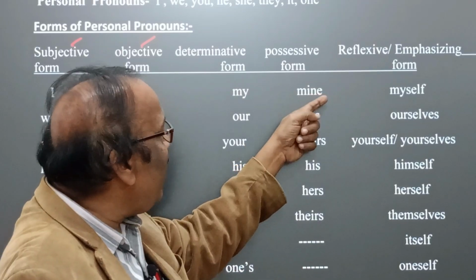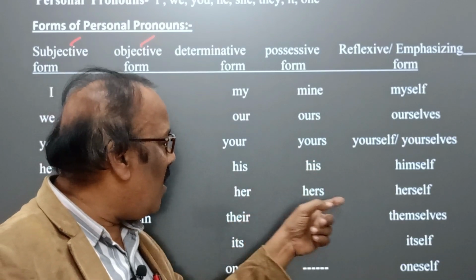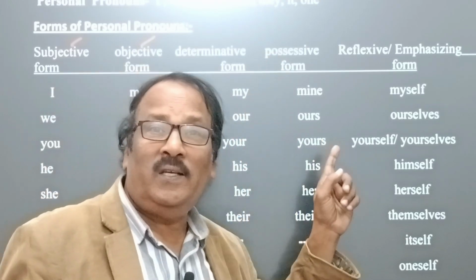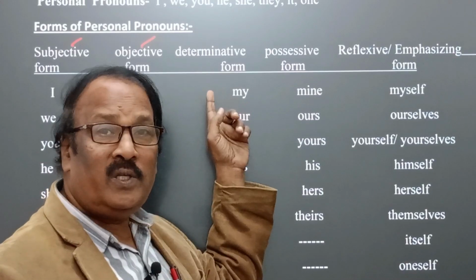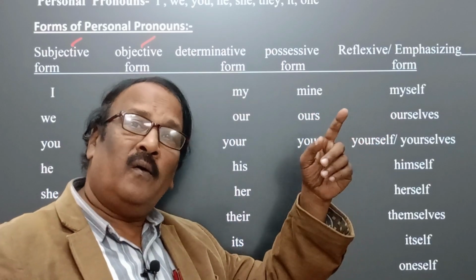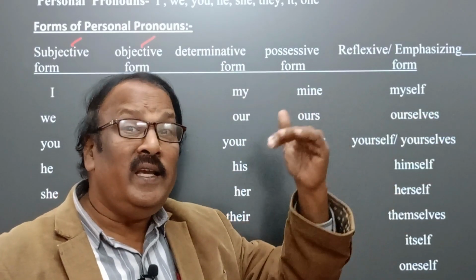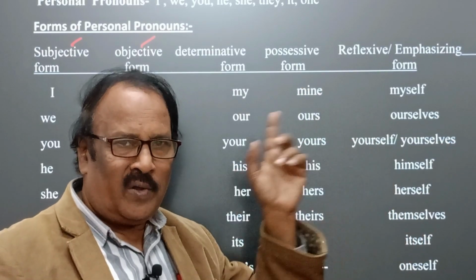See here: mine, ours, yours, his, hers, theirs. These are what you call possessive form of personal pronoun. This is my garden, but we can say that this garden is mine, not mine garden. This is the difference.